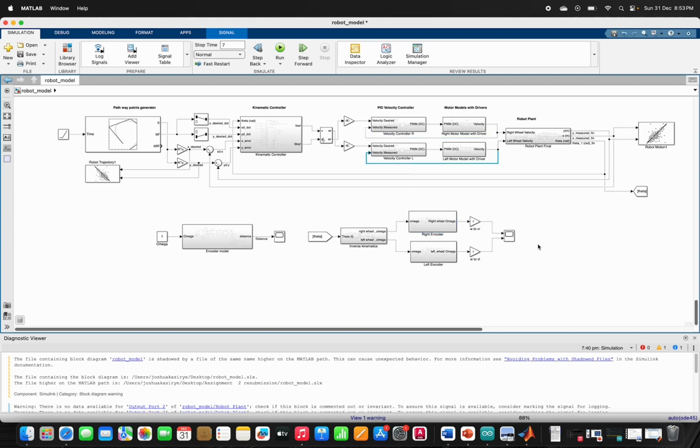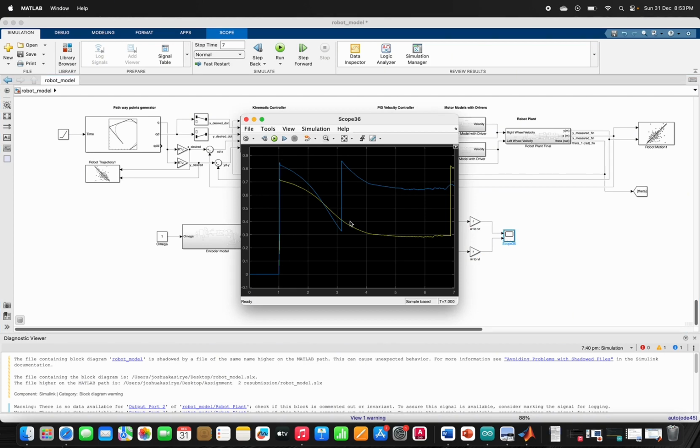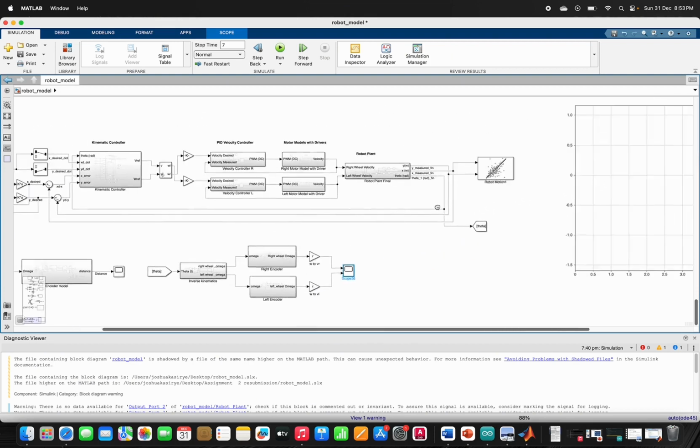In this case we are not able to add it in yet, but the whole purpose is to get these velocities and feed them back into the system so that the robot can work with the output of the encoder. This was also tested, and you can see that these are some of the velocities of both the left and the right wheels of the robot from the encoders, which is similar to what we expect as the behavior of the robot.